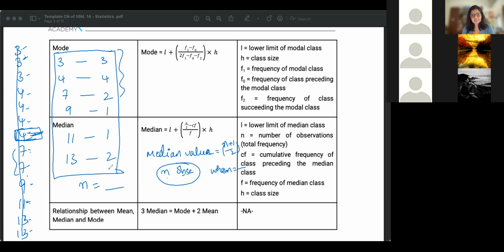Six. You have 3 3s, 4 4s. Oh, frequency. 13. Total 13 observations.